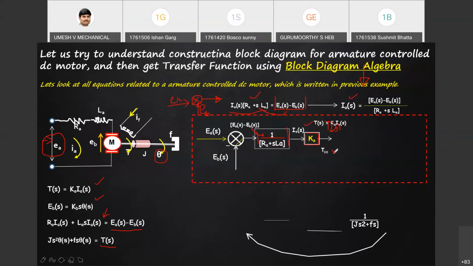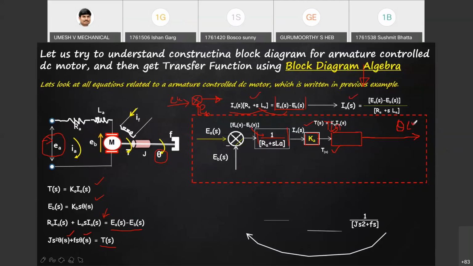Now you see the equation which relates T of S. Here it is. From T of S, we should get the final theta of S. You should get theta of S finally. So if you multiply with what, you get the next term as theta of S? That is the output. Theta of S is the system output. So can you fill the blank there?